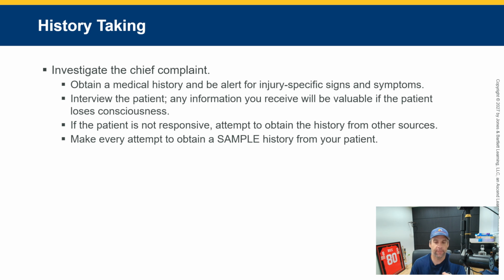Try to identify any type of memory gap either before or after the injury. And then, of course, complete your SAMPLE history, as time allows, whether that is on scene or simply in the back of the ambulance on your way to the hospital, right? So, again, SAMPLE: signs and symptoms, allergies, medications, pertinent past medical history, last oral intake, and the events leading to the situation.